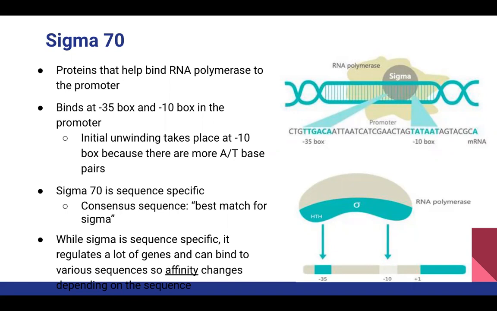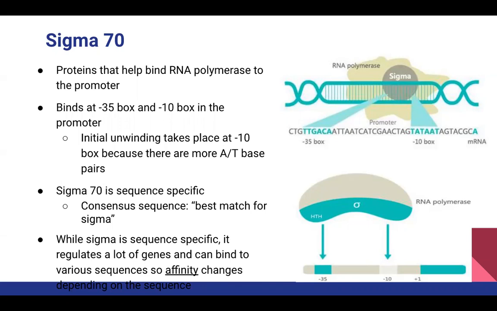There's a general consensus sequence for this sigma, which means that there can be slight variations in this box that it binds to, between 35 and 10 base pairs in the promoter behind where the mRNA starts, or where the DNA that holds the information for the mRNA starts. And so there's a bunch of them that can match up to it, but the best match is this general consensus sequence.